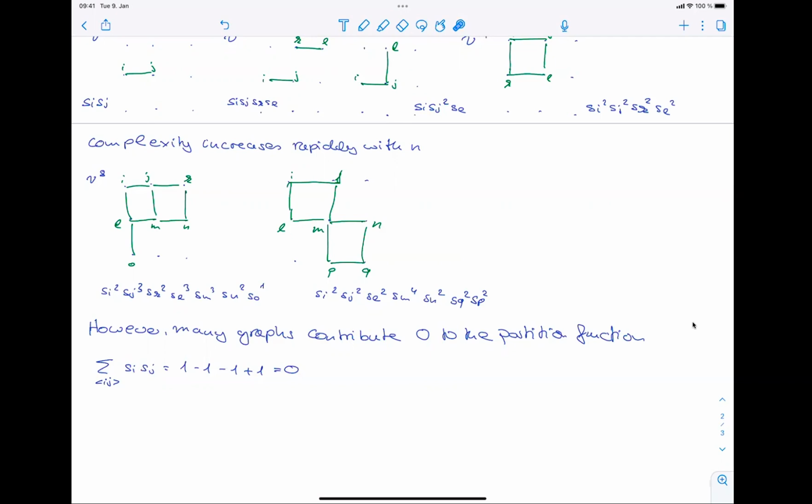So if the spins have an even numbered exponent, if I have Si to the power of 2, then even if they take the value of -1, I get a 1. So I'm only summing over ones, and I get finite values.